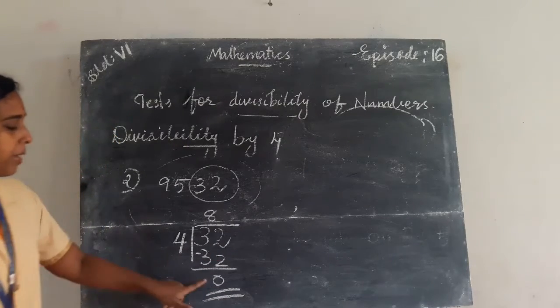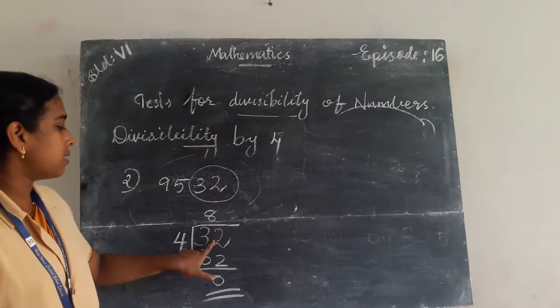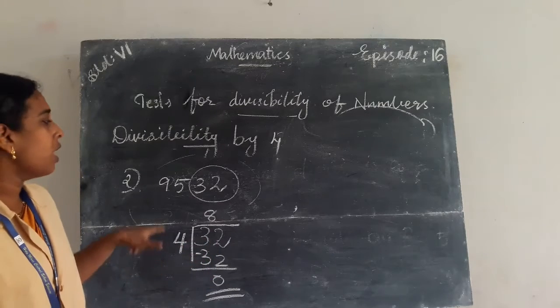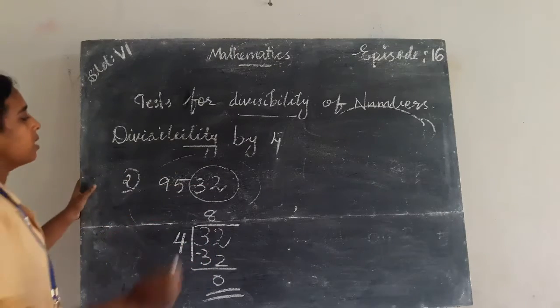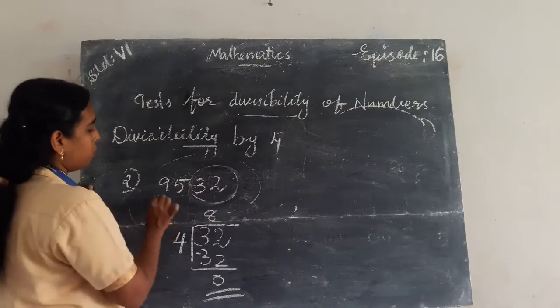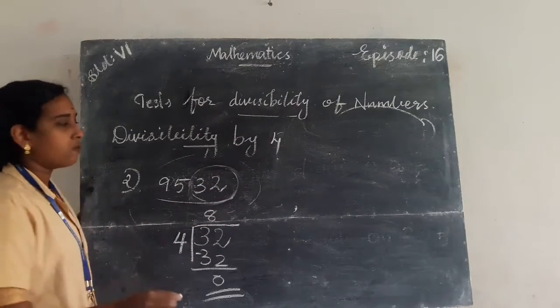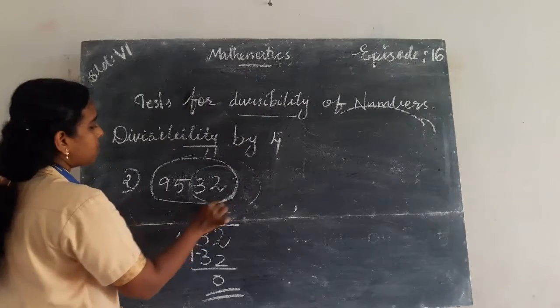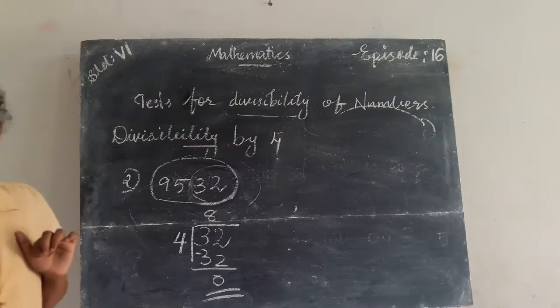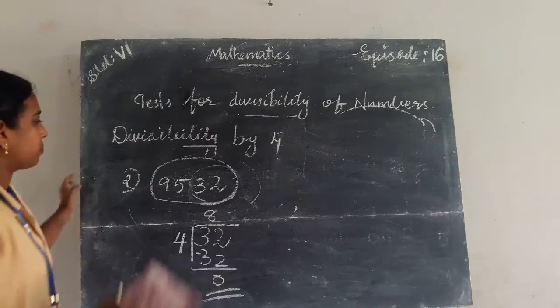We get remainder 0. So 32 is divisible by 4, and so this whole number is divisible by 4. So 9532 is always divisible by 4.